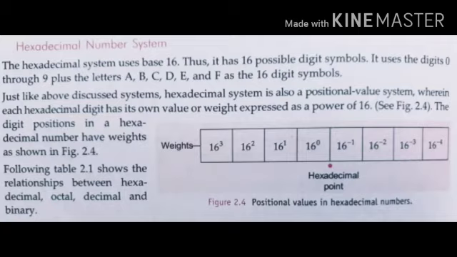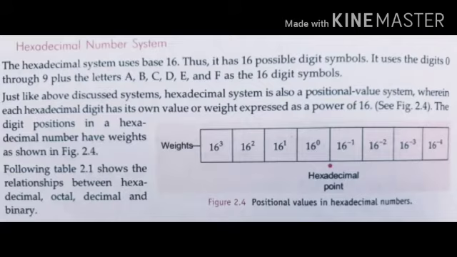For these 16 symbols, we use digits from 0 to 9, plus after that we use 6 alphabets also: A, B, C, D, E and F. It means for all 16 symbols, the first 10 symbols will be 0 to 9, and for the rest of the 6 symbols we are going to use alphabets A to F. So altogether 16 digit symbols to represent any number in the hexadecimal number system.